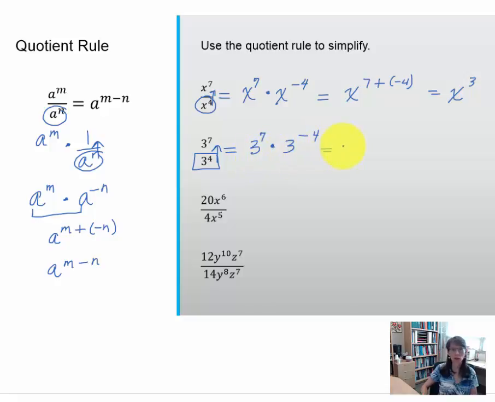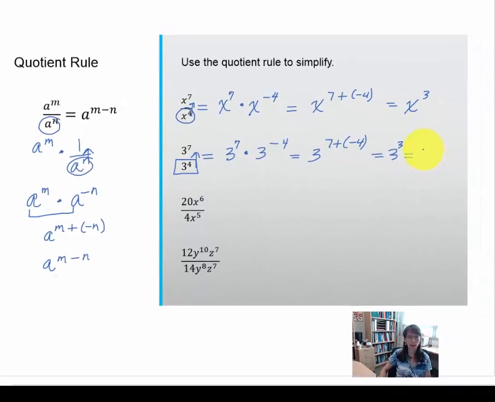Notice both bases are 3, so we keep 3, and the rule says to add the exponents. So we have 3 to the power of 3, and since 3 is a numerical base, we can break that apart as 3 times 3 times 3. So that makes 9 times 3, or 27 for the final answer.